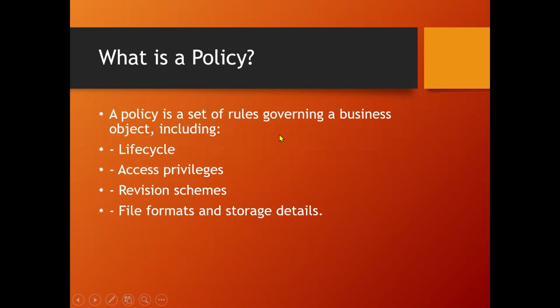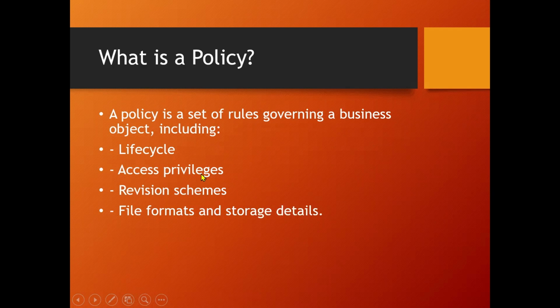For example, if there is a part and we want to define the life cycle of the part, like it should be in preliminary state, release state, or obsolete state, or active, inactive state. Those states we can define inside this life cycle.